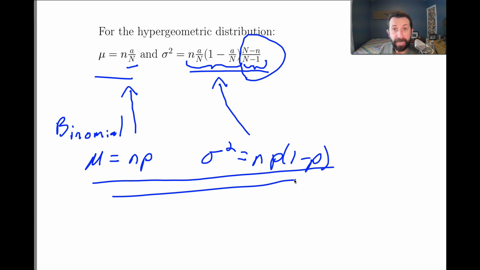Let's say we're drawing a sample of 1,000 people from a population of 30 million, and we want to know the proportion of the entire population that has a certain characteristic, that approves of the way the prime minister is doing their job, or what have you.